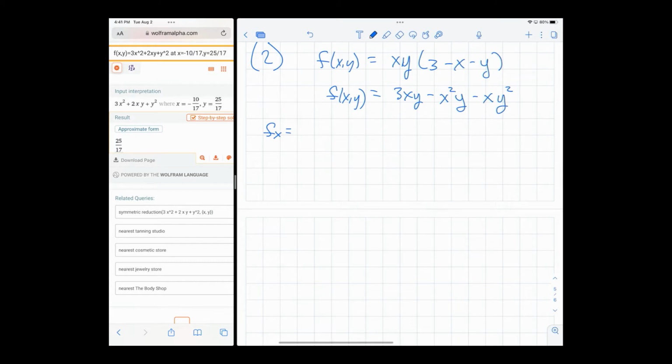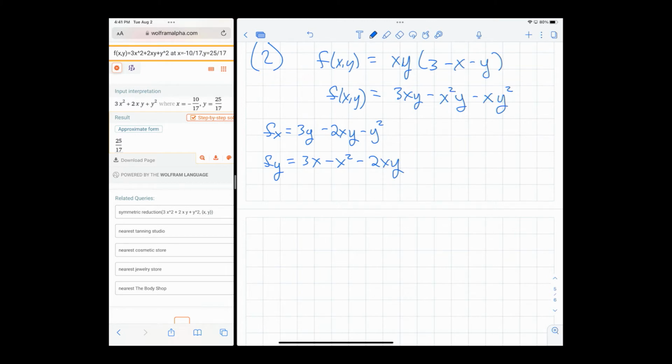So fx is going to be the derivative with respect to x. It's going to be 3y minus 2xy minus y squared. Then our fy is going to be 3x minus x squared minus 2xy.